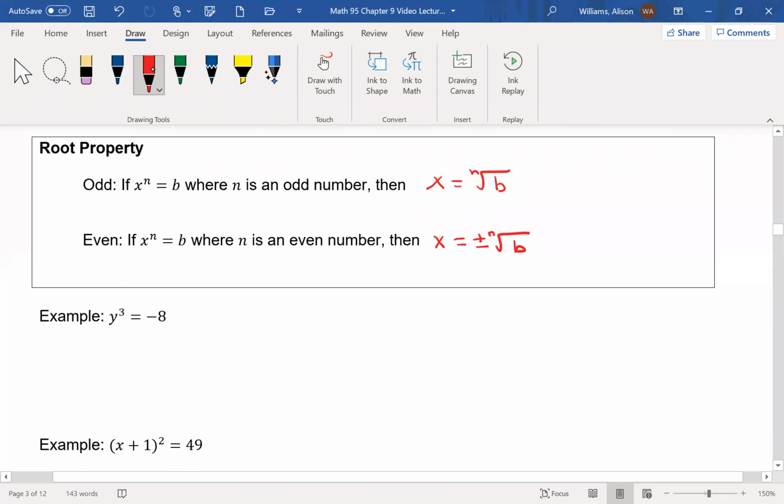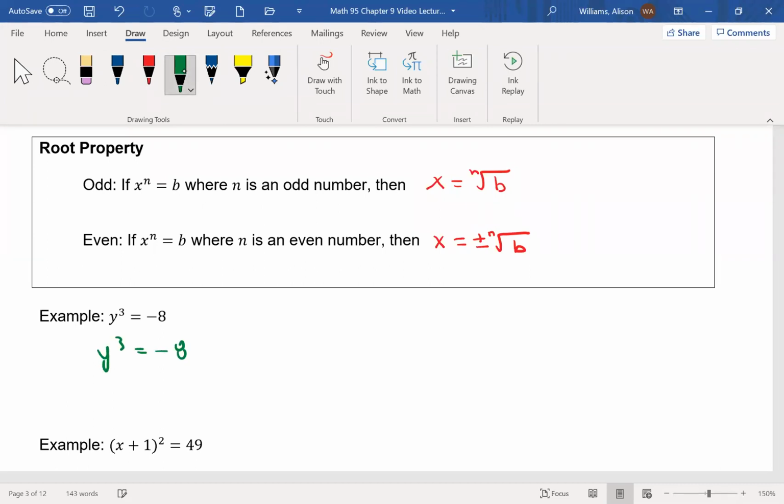For this one, I'm going to rewrite it, and I'm going to take the cube root of both sides. So I'm doing the root based on the exponent that I'm trying to get rid of. Because remember, when we're solving, our goal is to get the variable by itself. So I'm trying to get rid of the cube, and the way I can get rid of it is to take a cube root, on both sides.